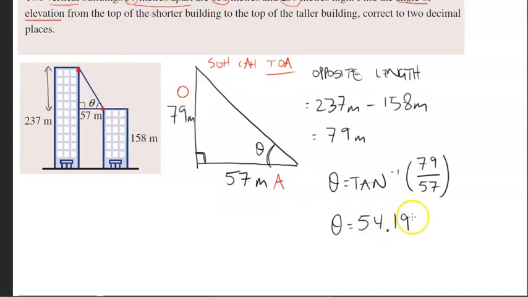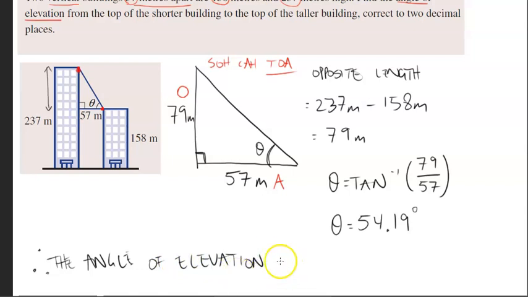So 54.19 degrees. Therefore, the angle of elevation is 54.19 degrees. And that's it.